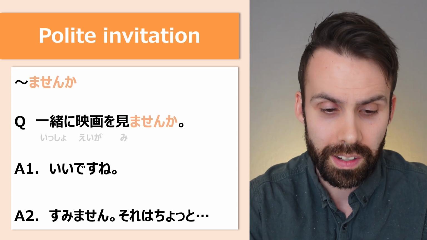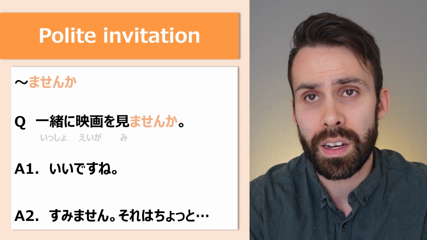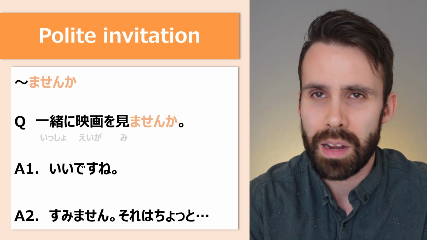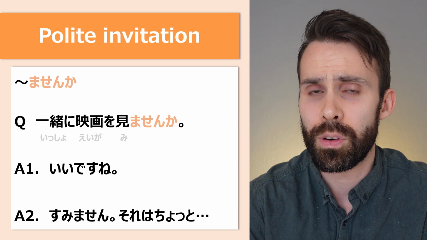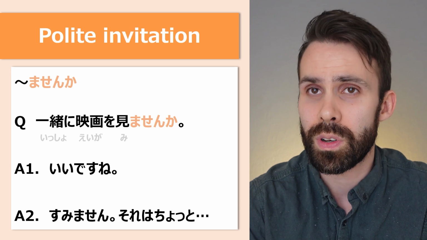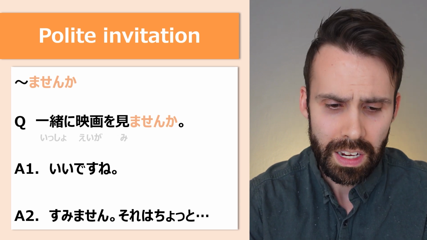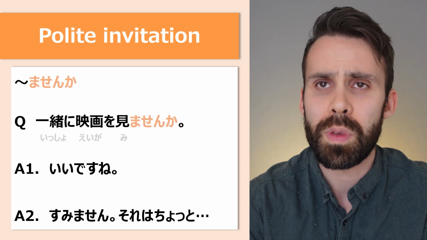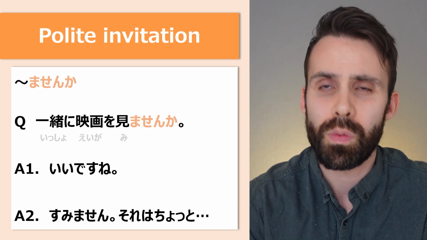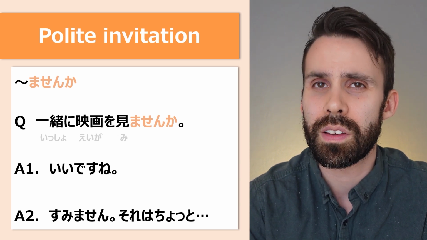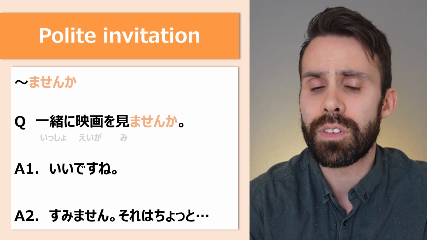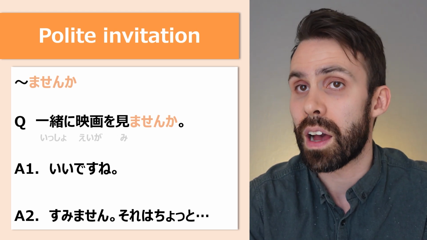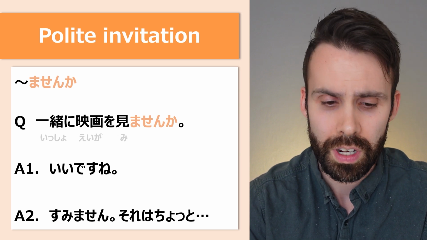So moving on to polite invitations, we have masenka at the end of a sentence. Masen being the negative conjugation of the verbs in the masu form, and then ka being the question ka we've used before. So, 一緒に映画を見ませんか means something like, won't you watch a film together with me? 一緒に meaning together, 映画 meaning film, and 見ませんか meaning won't you watch?